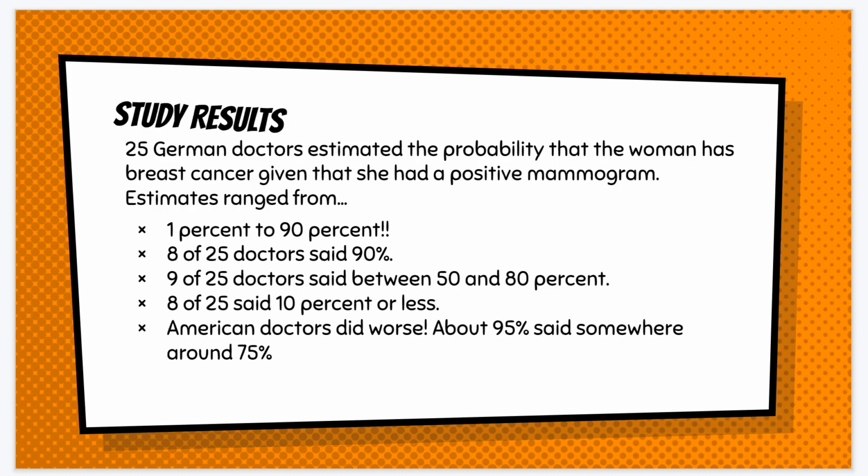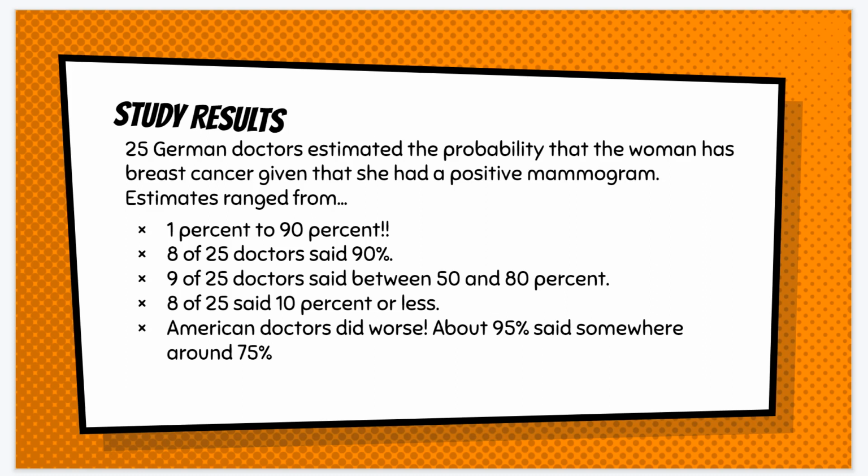So those doctors were conflating those different conditional probabilities. 8 of those doctors said 90%. They went with that value that we were talking about, which is way too large. 9 of the 25 doctors said it was somewhere between 50 and 80%, and 8 of the 25 said that it was 10% or less.